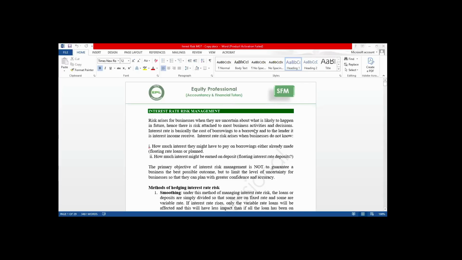Last week, we discussed interest rate risk management. We looked at the risk involved in interest rate fluctuation. When a company borrows money, definitely you are going to pay interest on your borrowing.